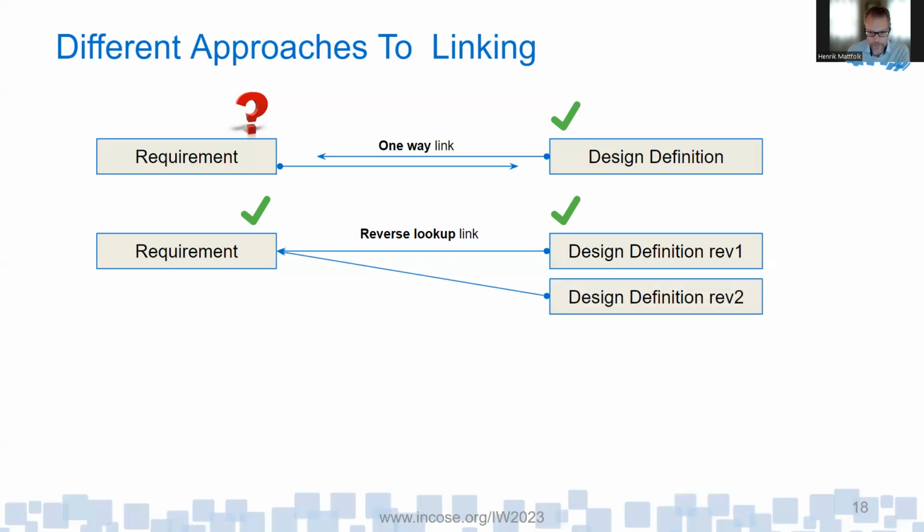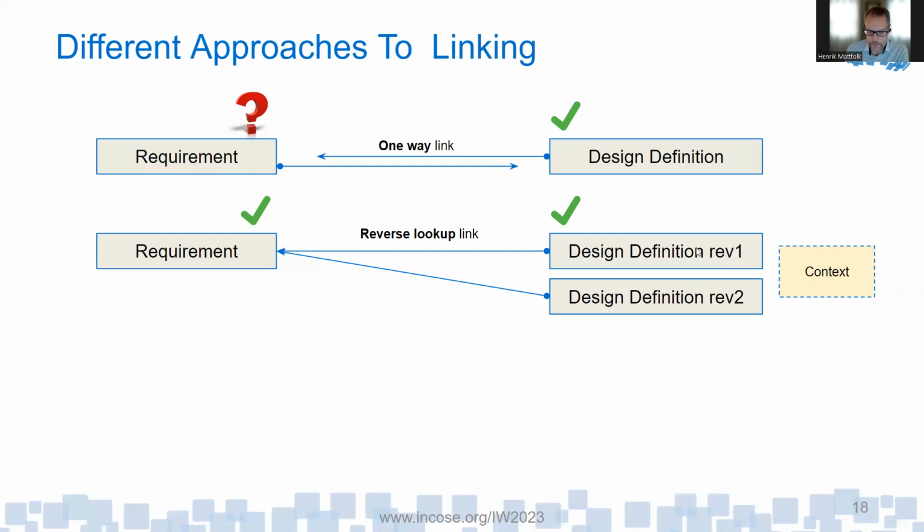So for example, imagine now that we revise this design definition, and the link comes with that revision as well. So now we have two different revisions pointing to that requirement. What do we expect now when we look at this relationship from the requirement side? Do we expect to see two links or one? That's where context starts to matter.